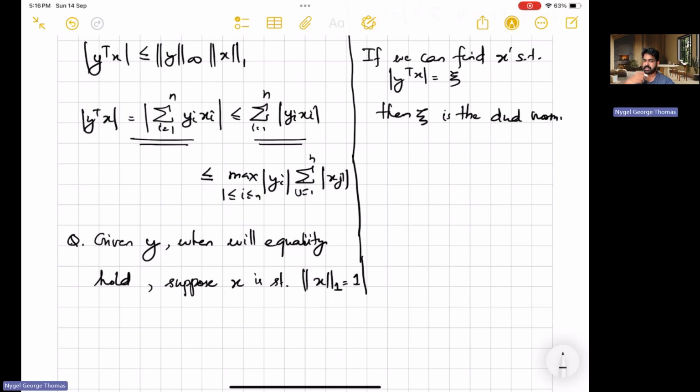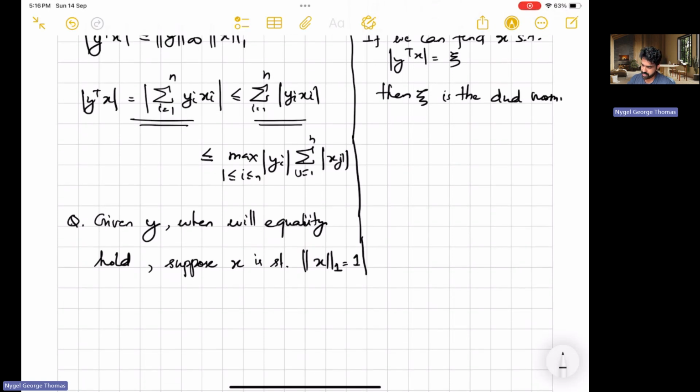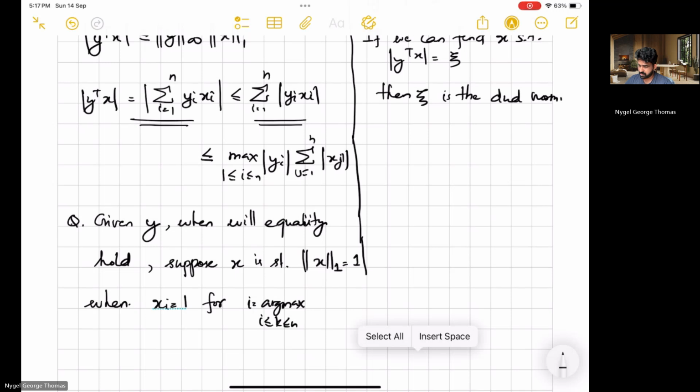For all other cases, if it's 0, then this equality will hold. Okay, so when xi is equal to 1, in fact, it need not be 1, it can be non-zero, for i equal to argmax over 1 ≤ k ≤ n of |y_k|, and 0 elsewhere.